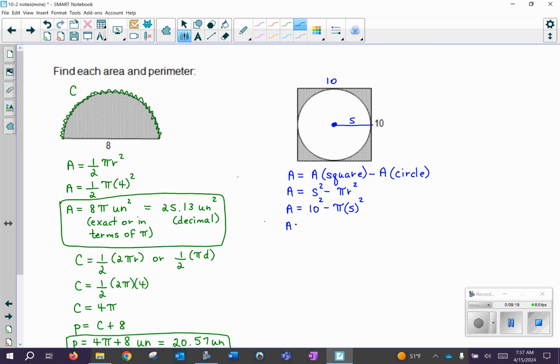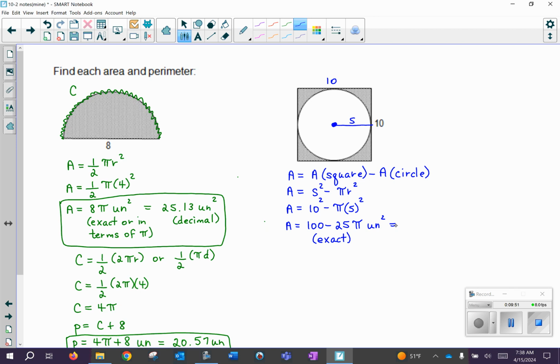All right, so an exact answer would be 100 minus 5 squared is 25, so 25 pi. Those are not like terms. So exact or in terms of pi, it would be 100 minus 25 pi units squared. And carefully, don't just say you know how to do it, practice this. Type in 100 minus 25 times pi and push equals.